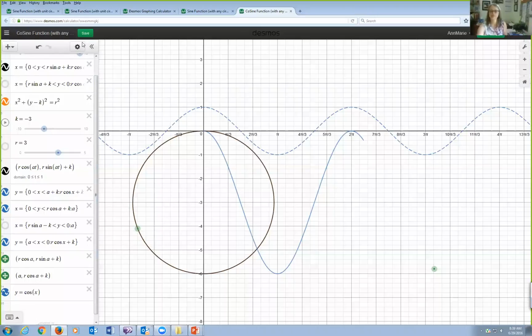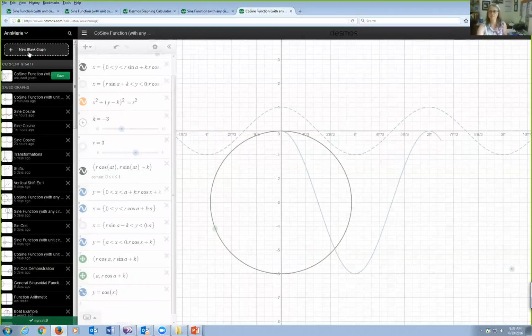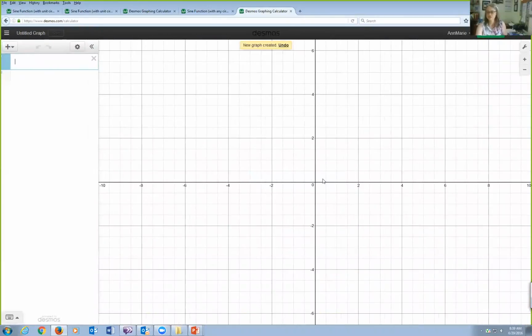Okay, new graph. So our circle is mounted 3 feet off the ground, so it's centered at the point (0, 4), right? That's its center. Let's put on our circle.